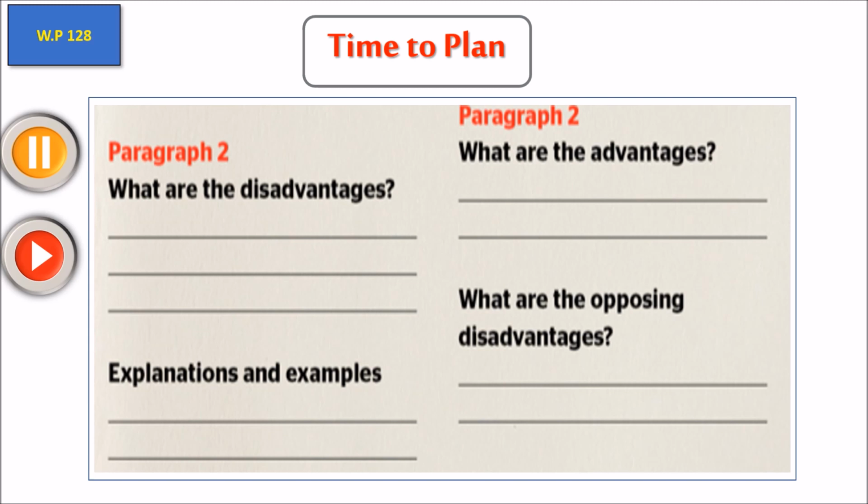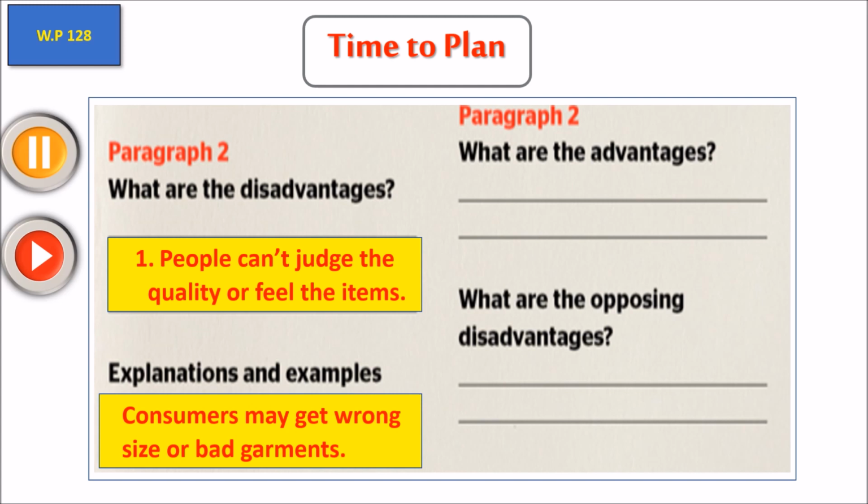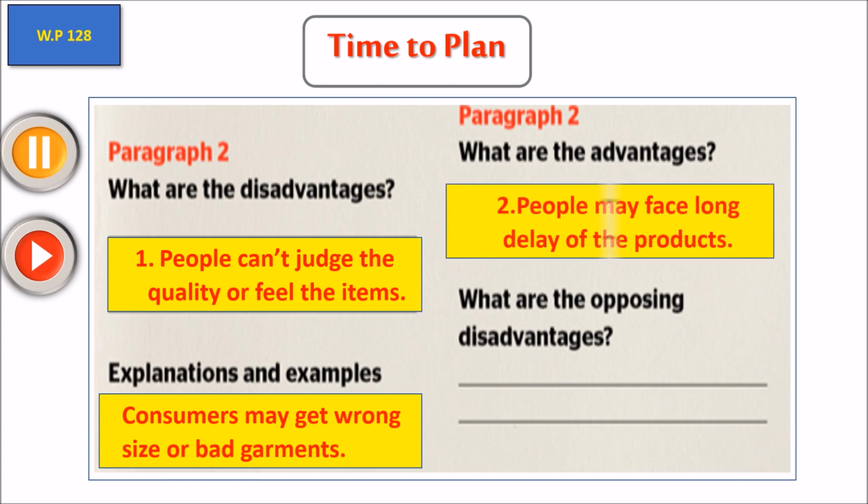Welcome back. So for the disadvantages, we may say, 1. People can't judge the quality or feel the items. Explanations. Consumers may get wrong size or bad garments. For the second disadvantage, people may face long delay of the products.